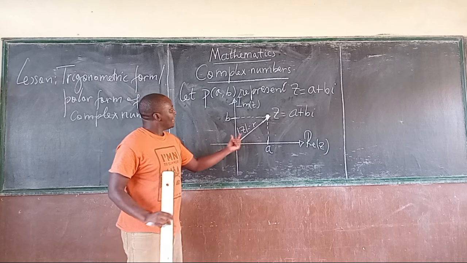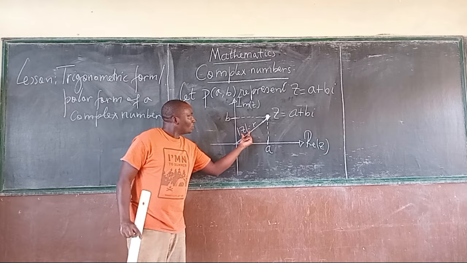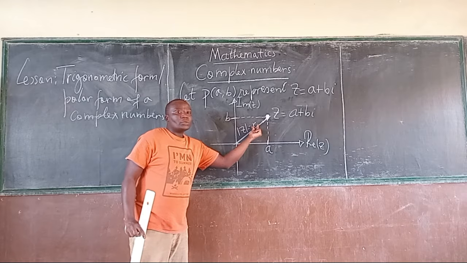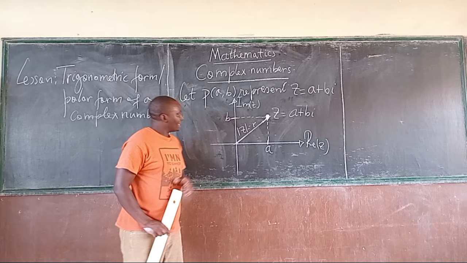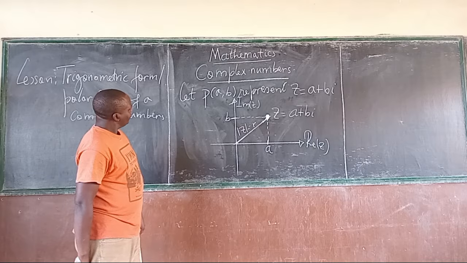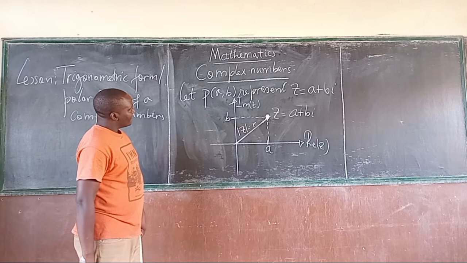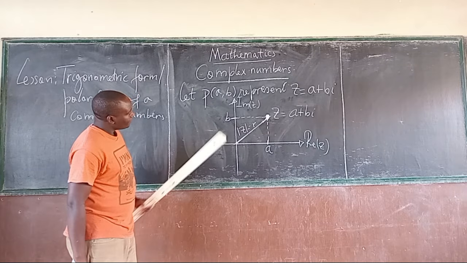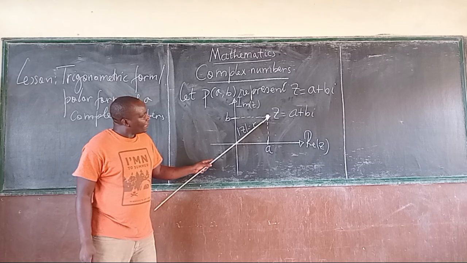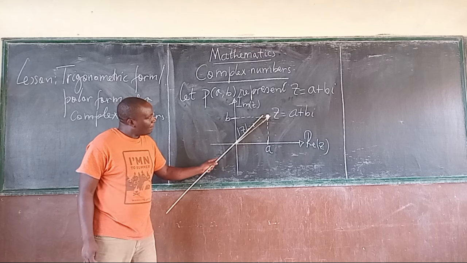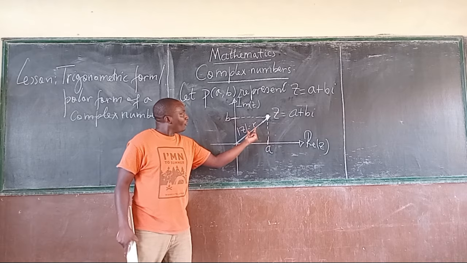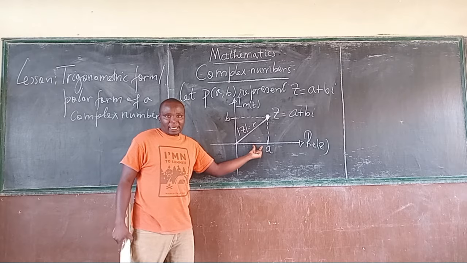You can use |z|, absolute value, or you can use small letter r to denote the modulus of a complex number. And here, teachers, there is an angle formed from this modulus with the positive real part, the angle formed from the modulus to the x-axis.